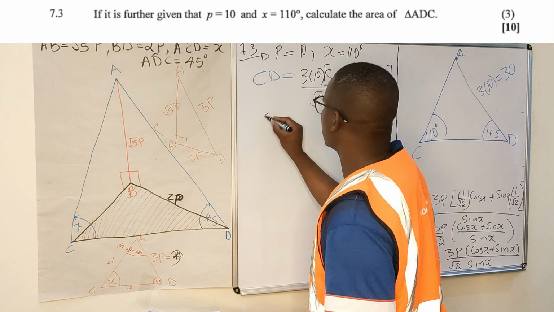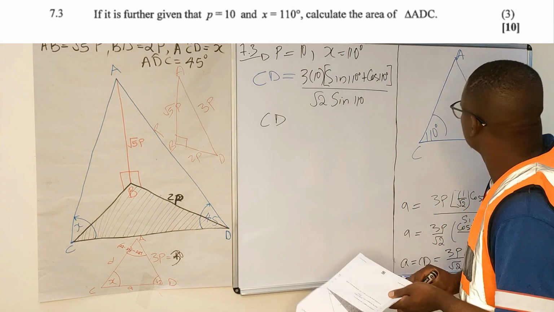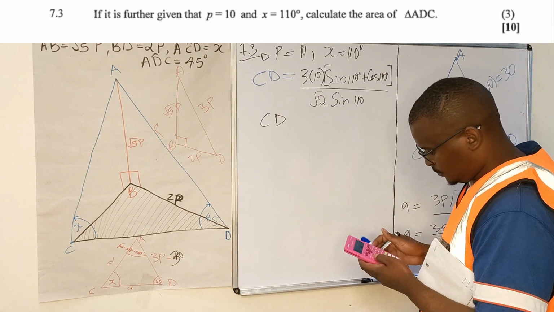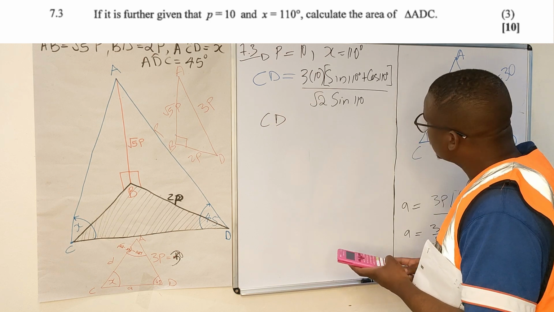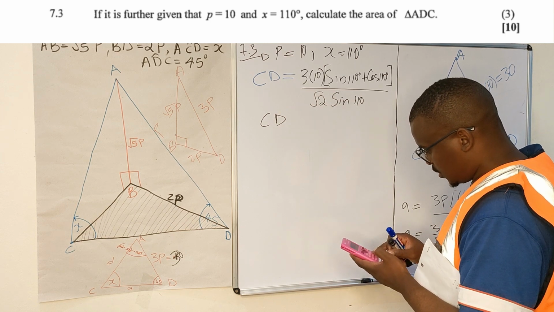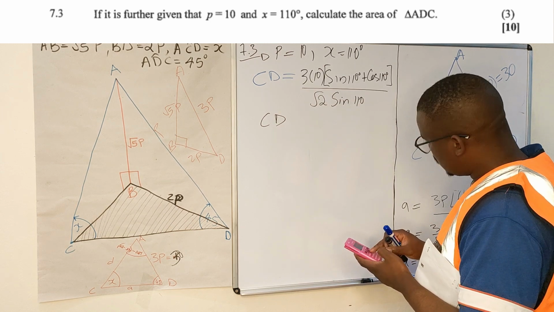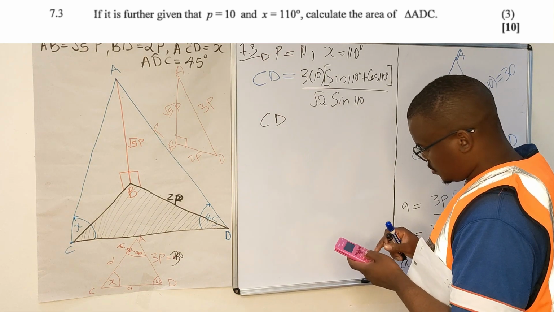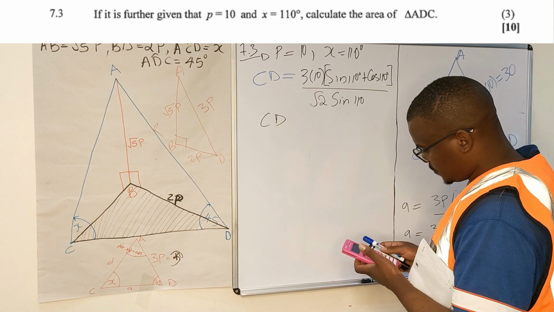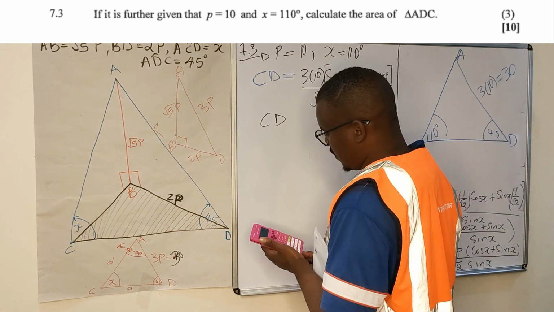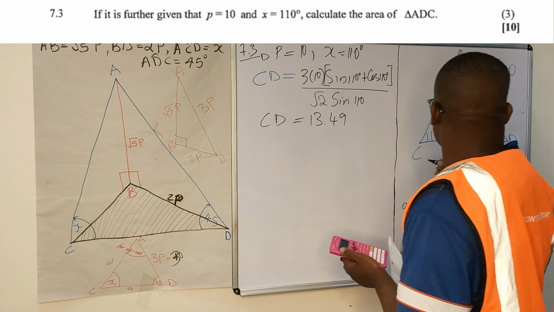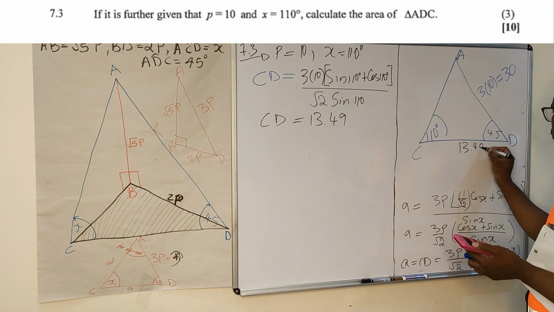So this will be your length of CD. So let's find the length of CD. Punch this in a calculator. 3 times 10 times sine 110 plus cos 110 all over root 2 times sine 110. So what you have is that CD is equal to 13.49 units. So this is this here, 13.49 units.